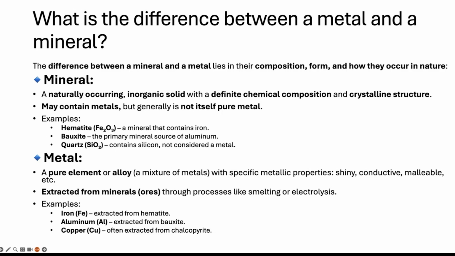Metals, on the other hand, are a pure element, or could be an alloy, a mixture of metals with specific metallic properties, such as being shiny, conductive, malleable, etc. And metals are extracted, generally speaking, from minerals and ores through processes like smelting or electrolysis. So, for example, iron, aluminum, and copper. Iron is generally extracted from hematite. Aluminum is generally extracted from bauxite, and copper is often extracted from chalcopyrite. So that's the relationship between metals and minerals.